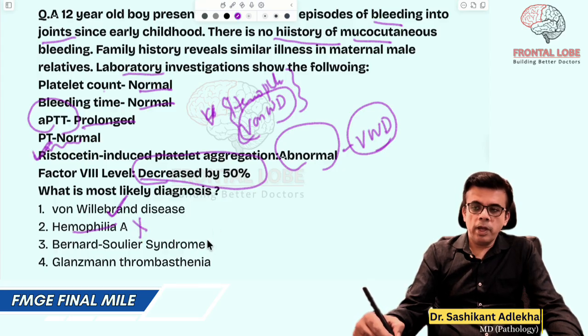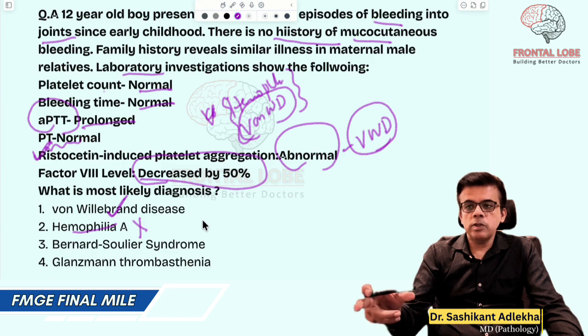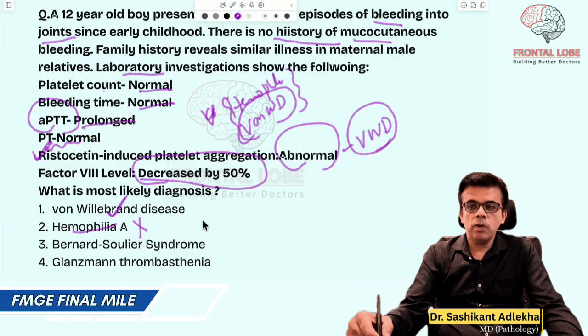Bernard-Soulier syndrome can have an abnormal ristocetin aggregation assay, because in Bernard-Soulier syndrome GP1B is defective. The platelets get adhered to the subendothelial collagen through von Willebrand factor and this GP1B on the platelet. If GP1B is defective, platelets will not get adhered. So ristocetin aggregation will also be abnormal, but here factor 8 will be normal.